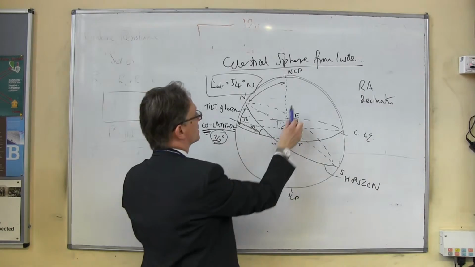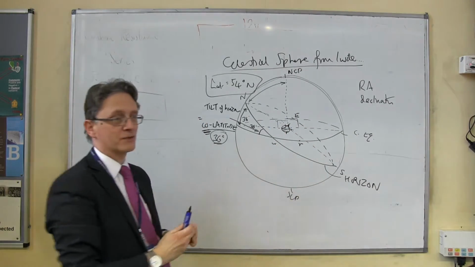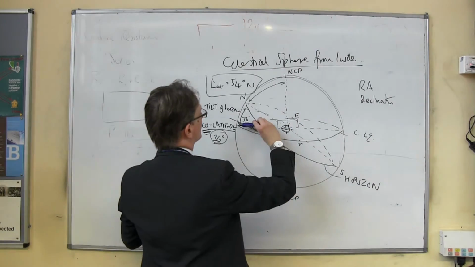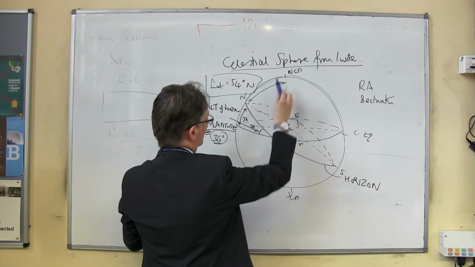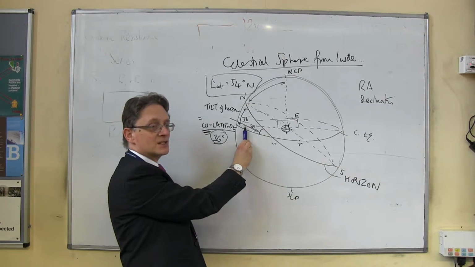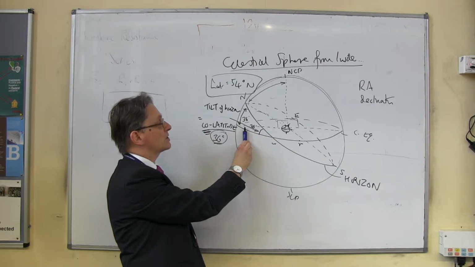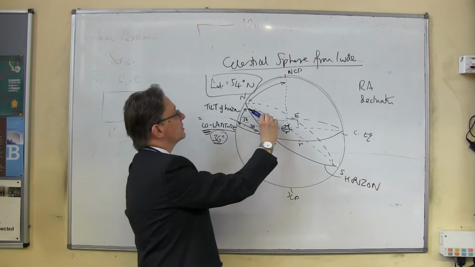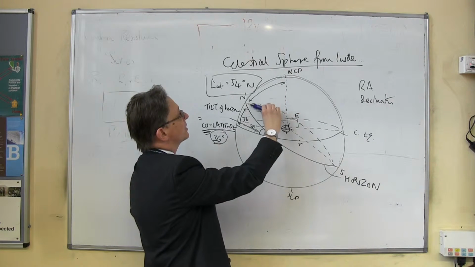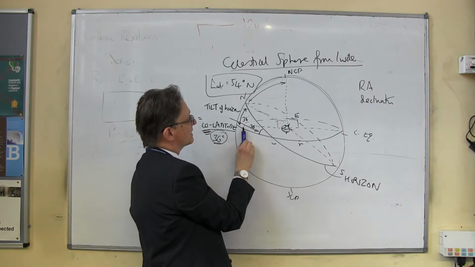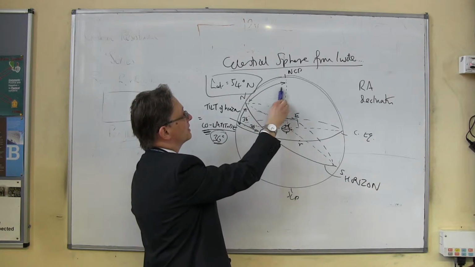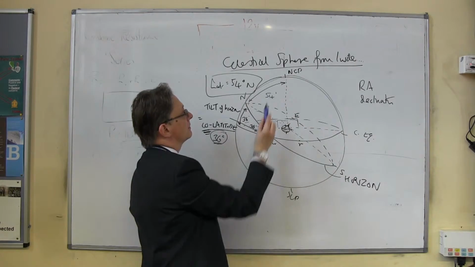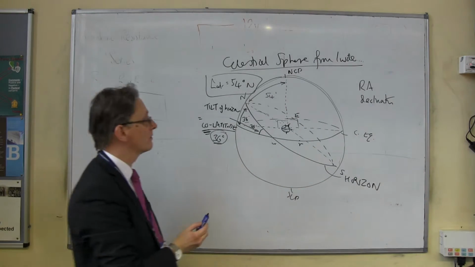The celestial equator and the pole are 90 degrees from each other, okay? So look at this right angle. Now what have we just said? We said this bit is 36. For a latitude of 54, this is your co-latitude of 36. Can you see this is the other bit of the right angle? So if that's 36, that has to be, do you see, 54.